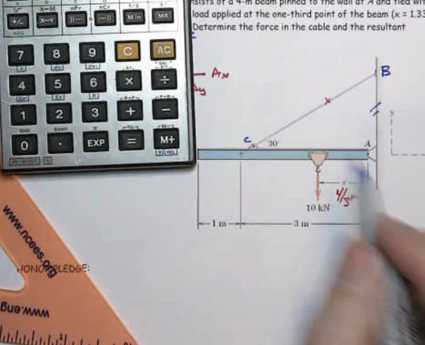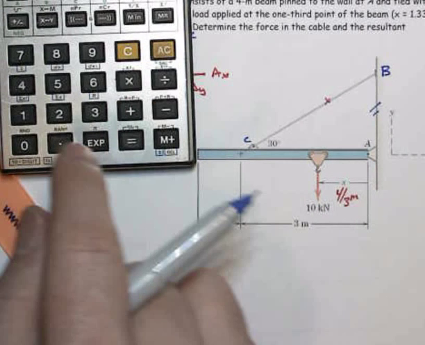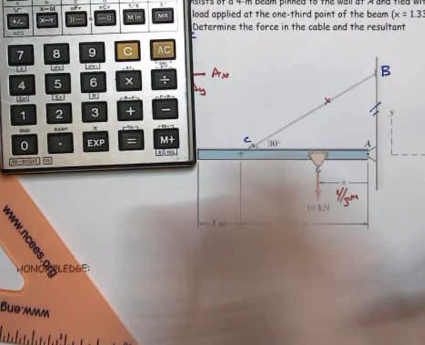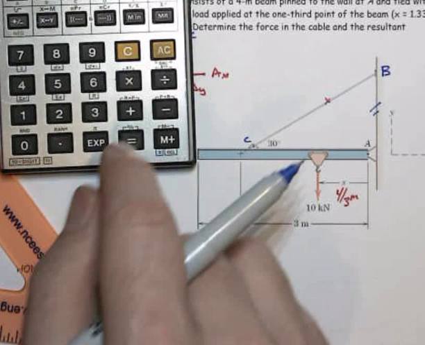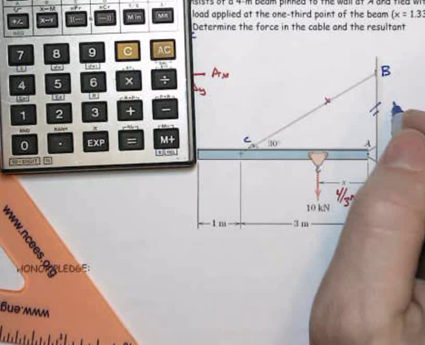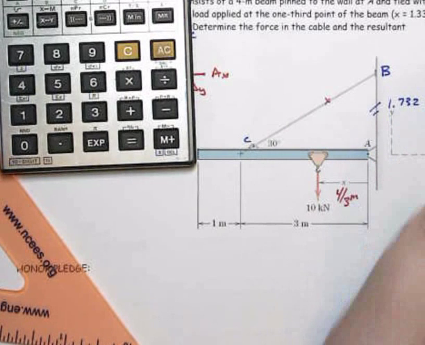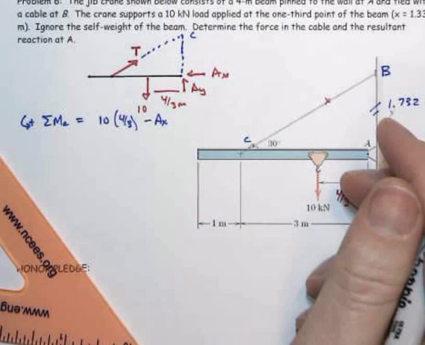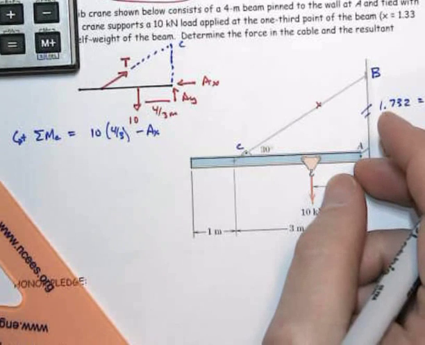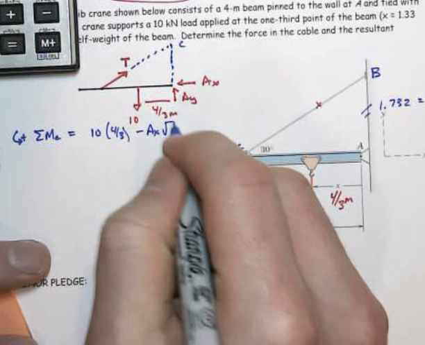And so tangent of 30 is equal to opposite over adjacent. And so now we can get that that height is going to be 3 times tangent 30, or 1.732. Of course, that equals square root of 3. Just so happens the way that was all working out. And so that distance there for AX is square root of 3.